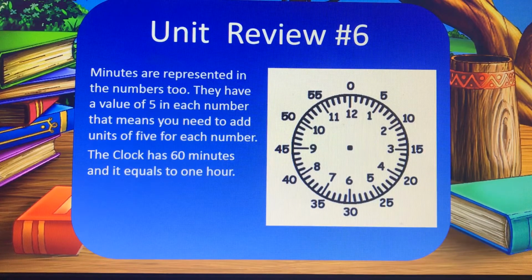Minutes are represented in the numbers too. They have a value of 5 in each number. That means you need to add units of 5 for each number. The clock has 60 minutes, and it equals 1 hour.